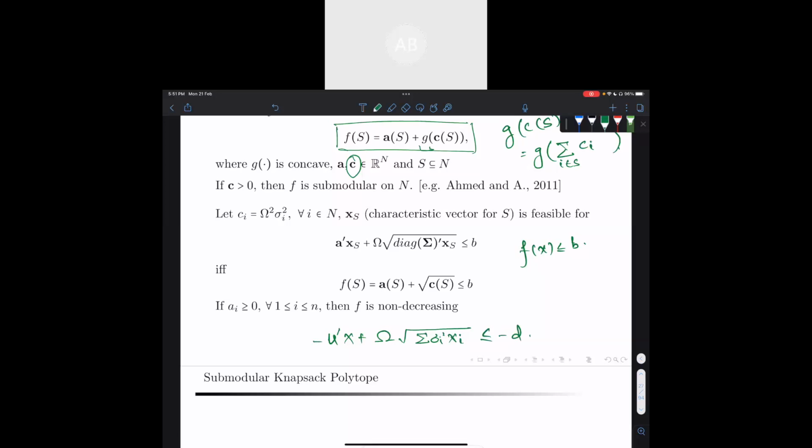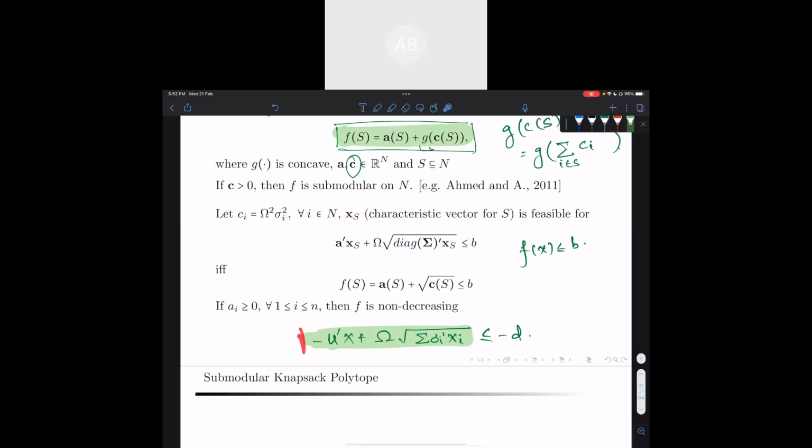Now focus on this function. This is a function of this form. This is our a of S. Since x is 0, 1, this is a set function. G is our square root function, a concave function, and this is c of S, and all the c's are positive because it's sigma_i squared.